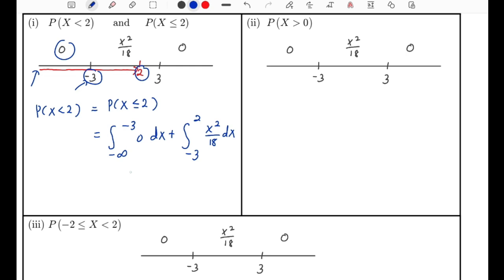Then just integrate it. Integrating 0 will be equal to 0, integrating this one will be x cubed over 54, and then substituting 2 and negative 3 into the function will give us the value of 35 over 54.